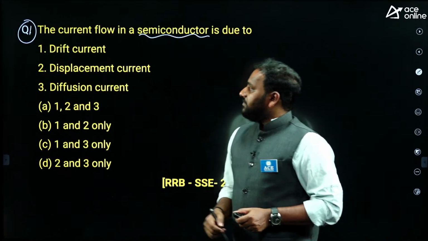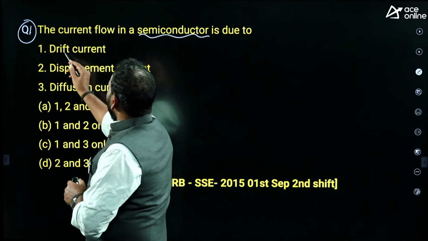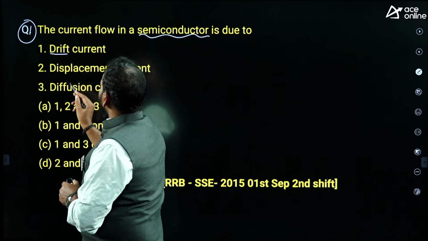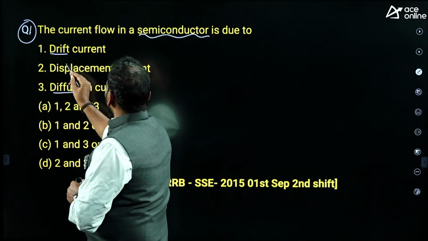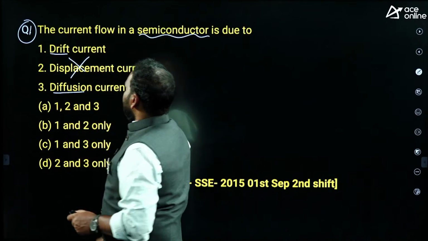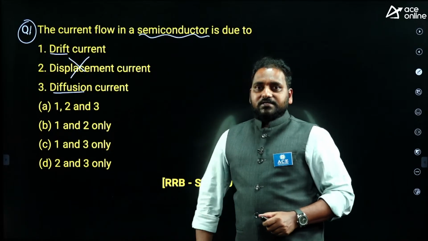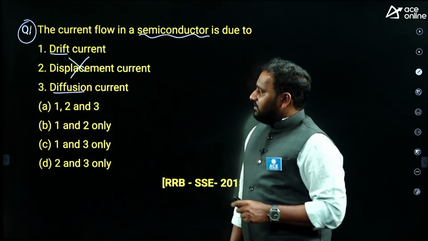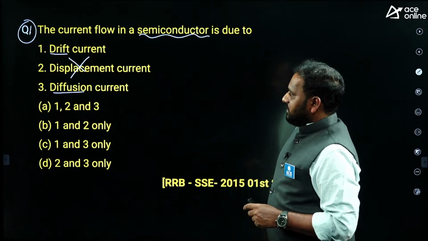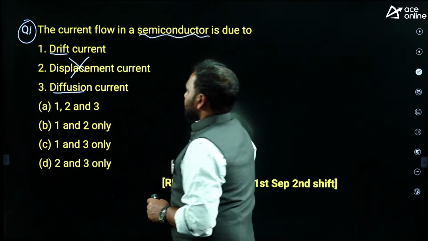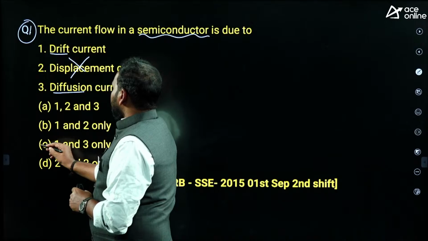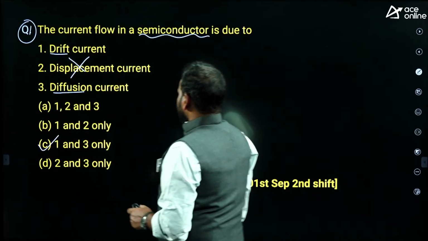In semiconductors, both drift and diffusion. Drift current is correct, diffusion current is correct. There is no concept of displacement current in semiconductors. It is not like a space element or a capacitor or something else. So 1 and 3 only, okay? C is the correct option.